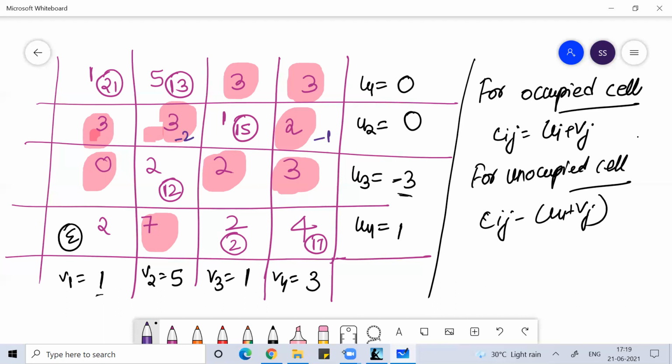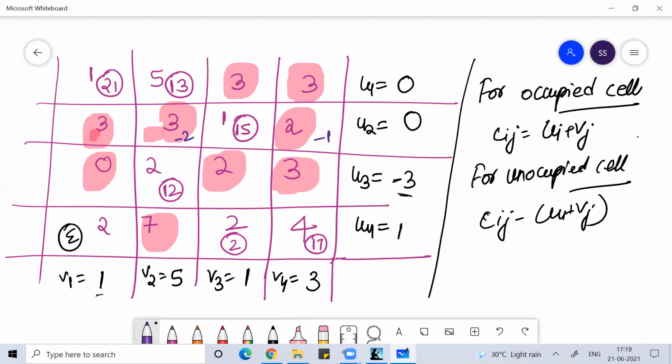Tell me if you have any doubt. Now, if you see out of this allocation, do you get all positive values? You can see the unoccupied cells. A13 is positive, A14 is 0, A21 is 3 minus 1, then this is minus 2, then this is minus 1.